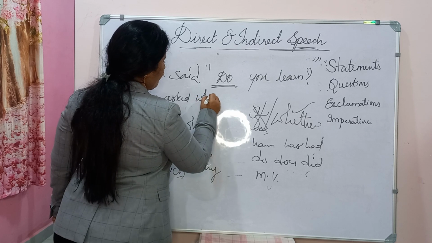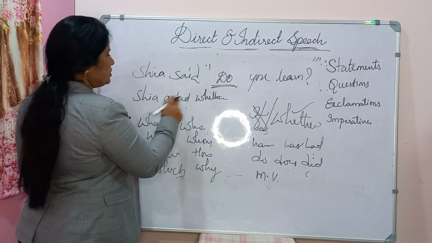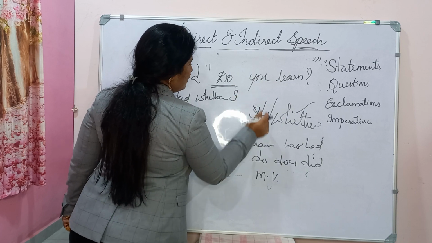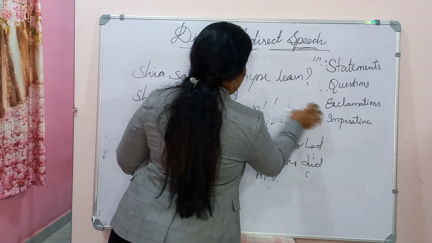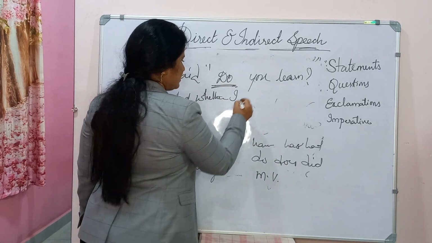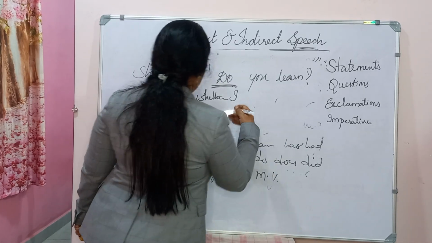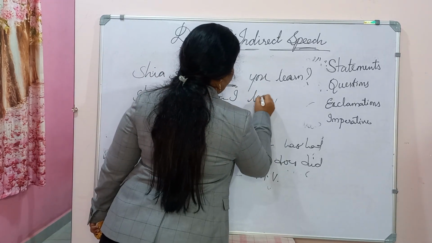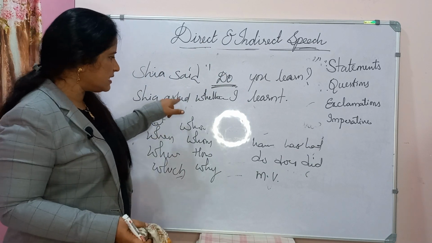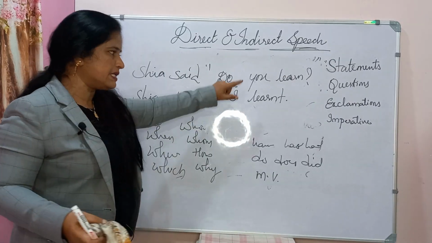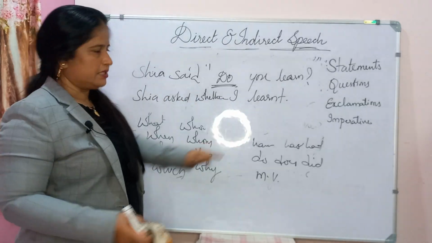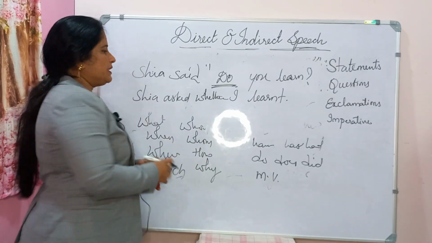So she asked whether, do you learn is whether I. What is the question form for this do? The past, it is whether I learnt. Here in asked and whether itself, it shows that it's a question. She is questioning. She asked whether I learnt. So do you learn will change into whether I learnt.